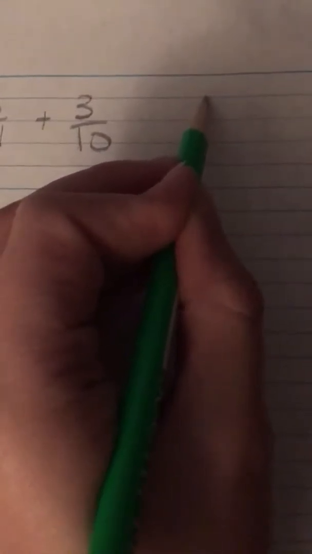Now, the other one. So we've had it to where one can turn into the other. Well, 4 can't turn into 10. If I list my multiples, 4, 8, 12. 4 can't turn into 10.